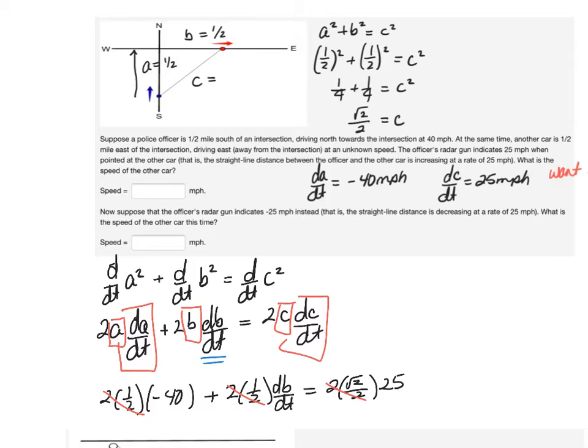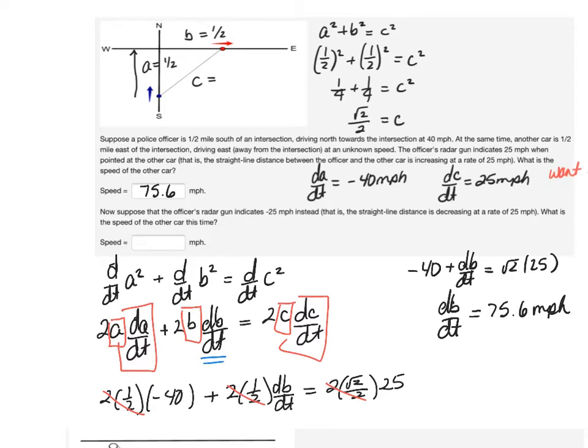So I have negative 40 plus dB dt is equal to the square root of 2 times that 25. So dB dt is equal to, I'll put this in my calculator, and I get the speed to be 75.6 miles per hour. So unless the speed limit is 75, they're not going the speed limit. So that is 75.6 miles per hour.